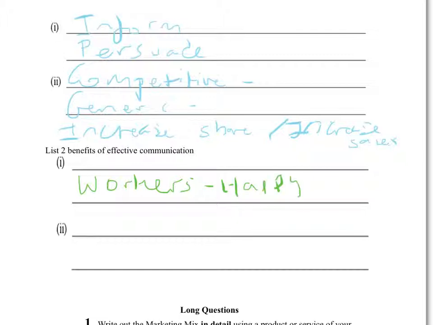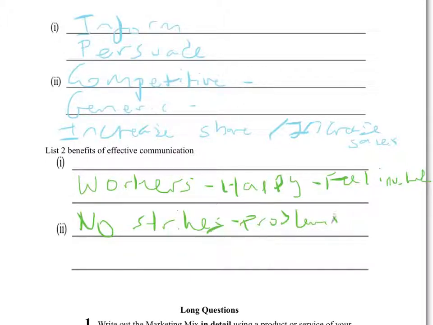And the reason is they feel involved. Secondly, there'll be no strikes. And this is because problems, well, they're identified soon or early, because people are talking to each other.